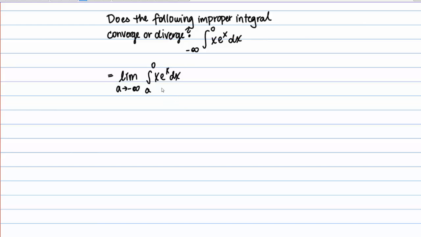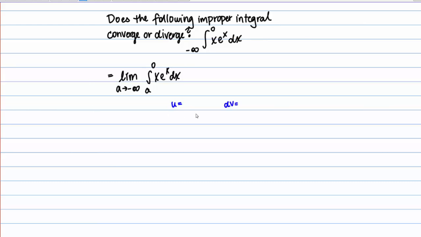So let's concentrate on how we would solve this kind of definite integral. Hopefully this looks a little bit familiar to you, this x e to the x dx. This is a perfect candidate for the integration technique of integration by parts that we studied recently. So remember, when we're using integration by parts, we want to choose u and dv.